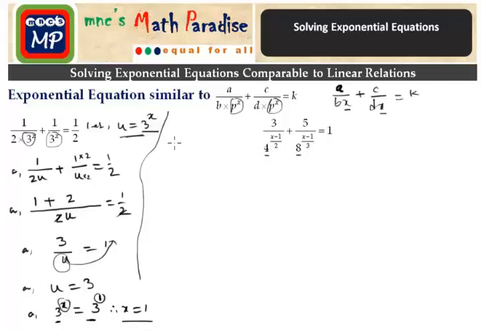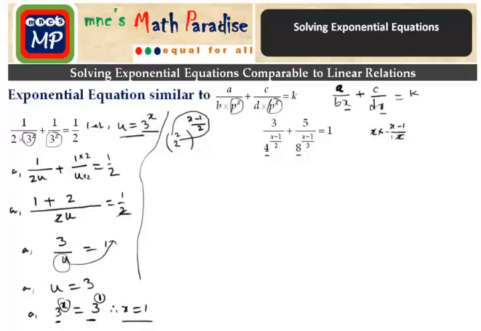4 we can write as 2 squared, and the power is x minus 1 by 2. So these two powers will multiply together, because it is 2 to the power 2, to the power x minus 1 divided by 2. So what we get is 2 times x minus 1 divided by 2.